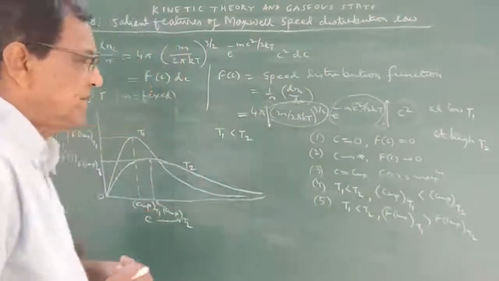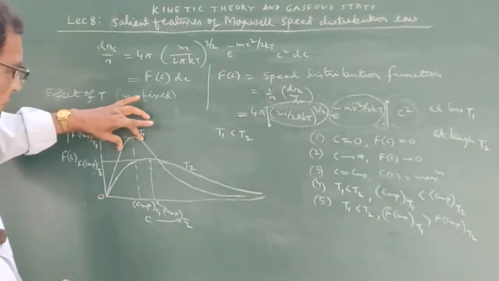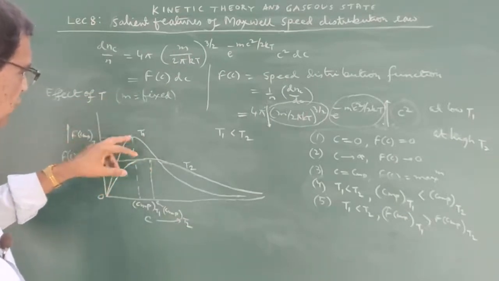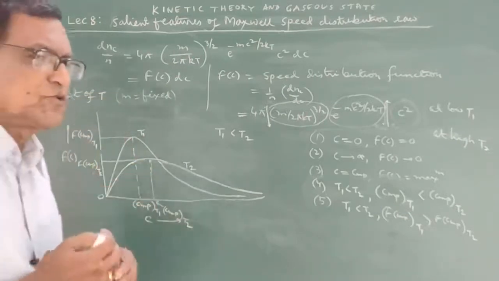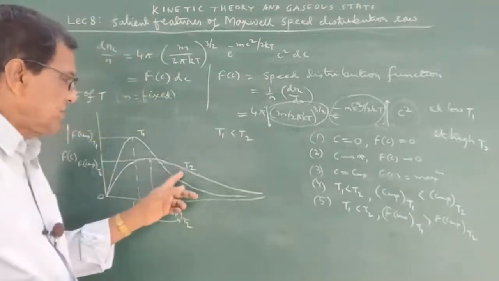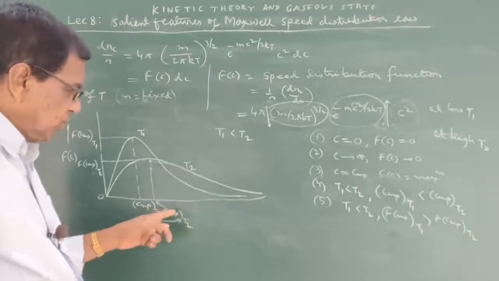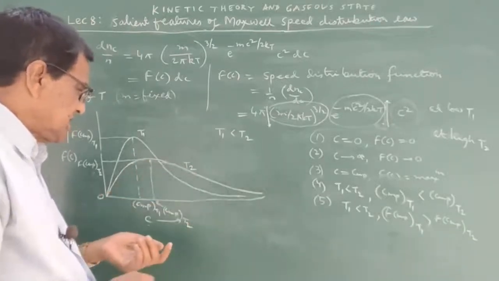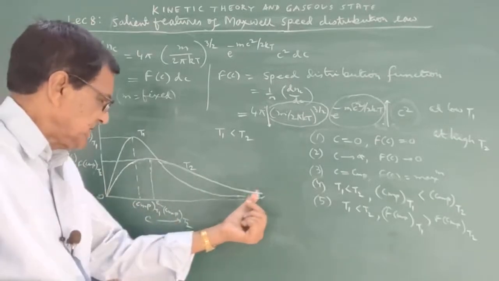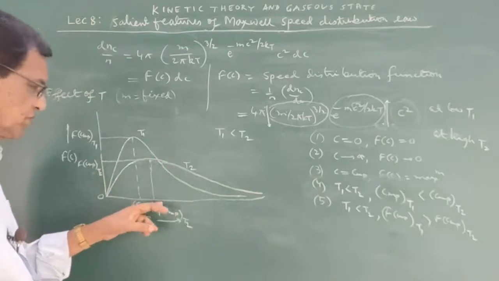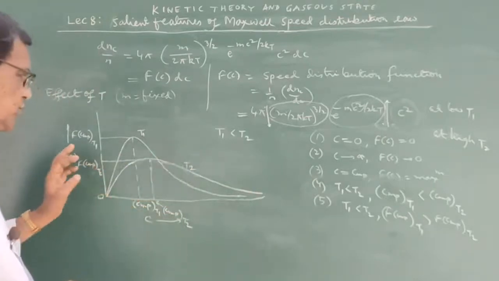At lower temperature it is a highly narrow curve, so more fraction of the molecules have the most probable speed. As the temperature is increased, though the most probable speed is increased, the fraction of the molecules having the most probable speed at high temperature is low.